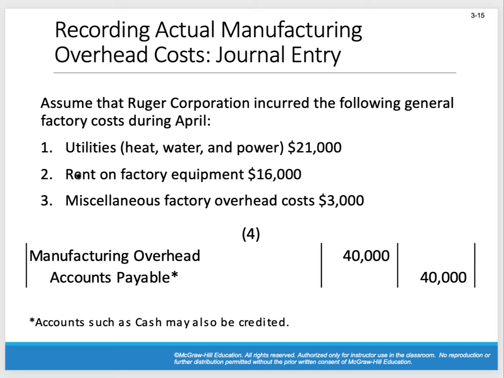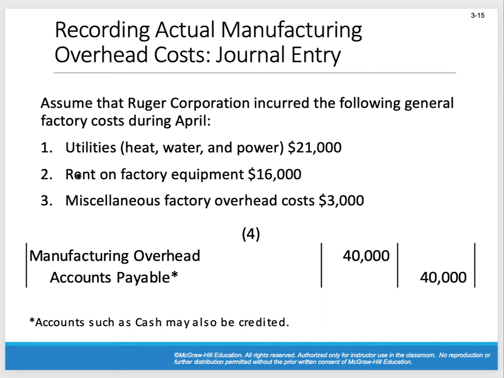So it's indirect. Rent on factory equipment, $16,000. Can we easily and conveniently trace the cost of rent to each product we make? No. Miscellaneous factory overhead costs. That might be things like depreciation, maybe taxes, anything like that. We'll just run with the fact that it just says miscellaneous.